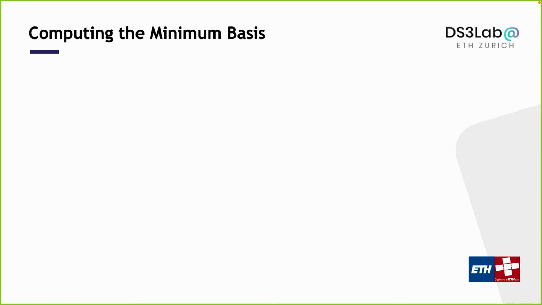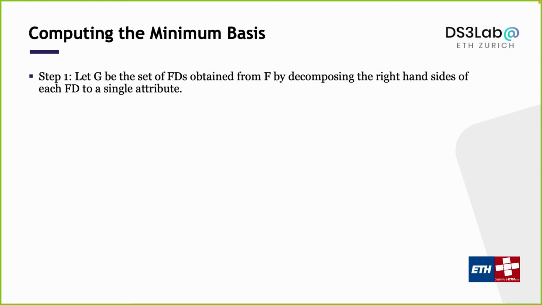So how to compute this minimal basis or minimal cover? This is actually a very simple algorithm. Essentially, the first step is you take your original set of functional dependencies F, and you decompose the right-hand side to have a whole bunch of rules with only a single attribute on the right-hand side. Okay?